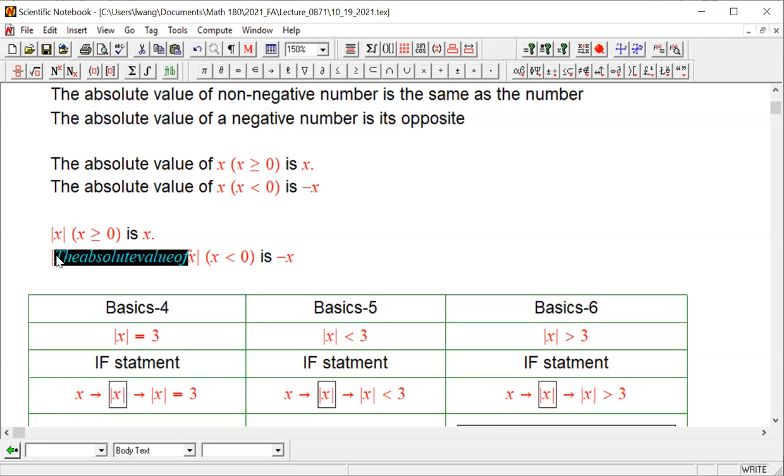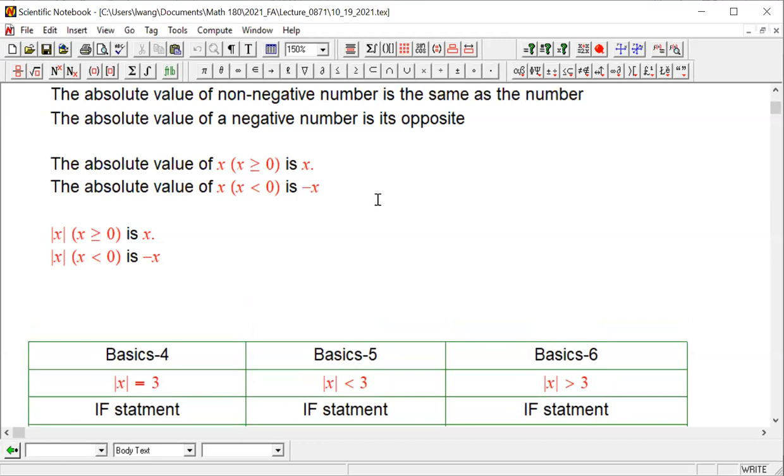When x is negative, it is its opposite. You guys see that shorthand notation step by step. So last but not least, these two pieces. We're going to put it down this way, equal, because it is equal, right?